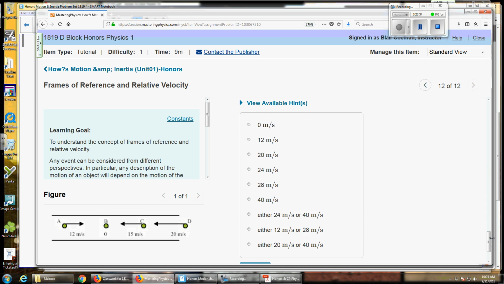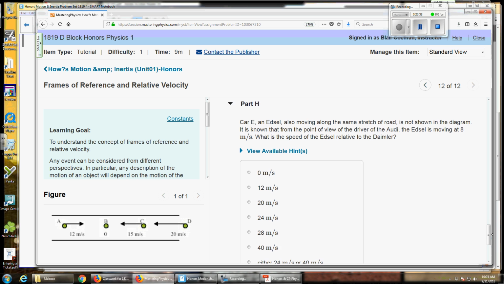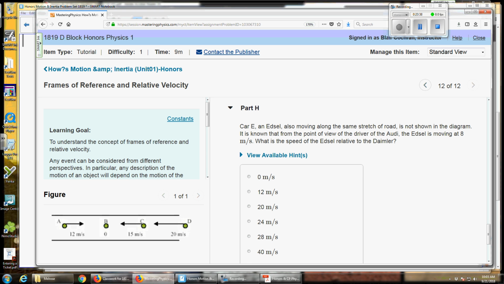Alright, so H wants to know, we add this car, the E car, and it is moving at 8 meters per second relative to car A, but it doesn't tell us which direction, does it?